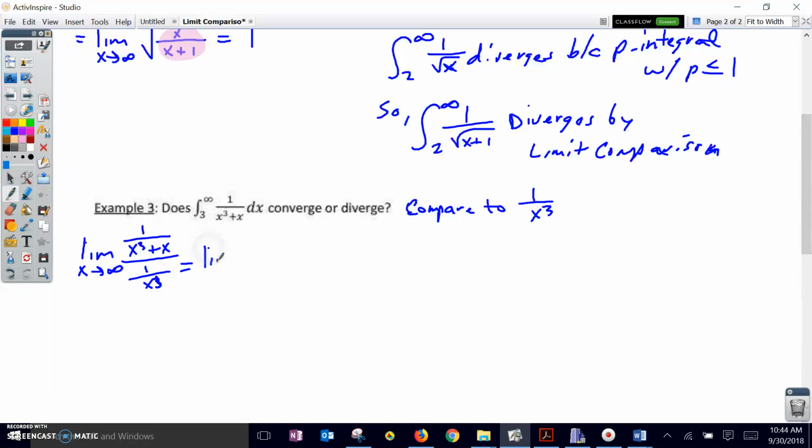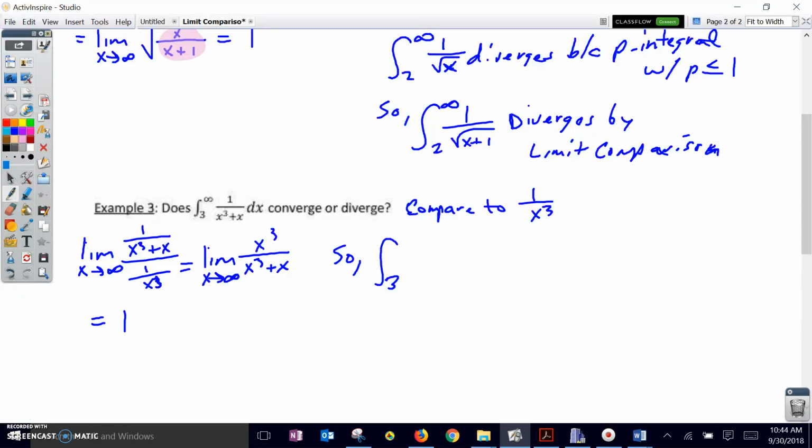That's equal to the limit as x goes to infinity of x cubed over x cubed plus x. And if you can't see that this limit is 1, apply L'Hopital's rule a few times, and you'll see that very quickly.